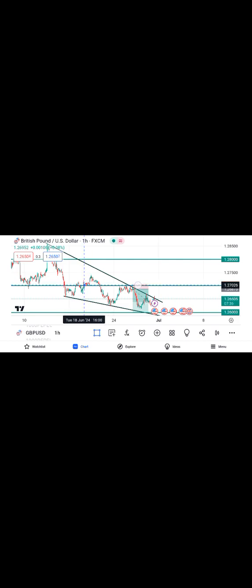It touched here and went down, even here also, but this place is the valid place. It even came to our psychological level, came there again. So we can take this as 1, and we can take this as 2.